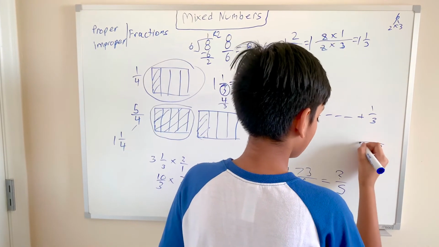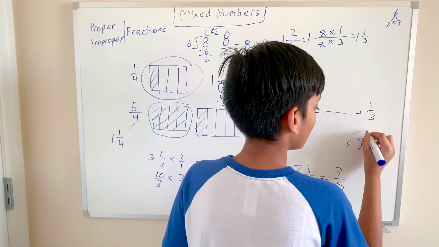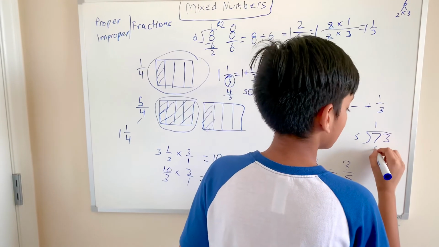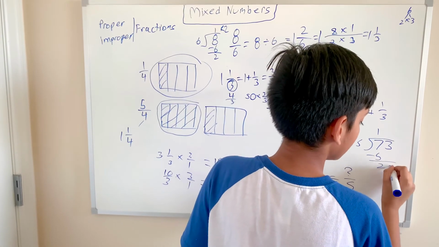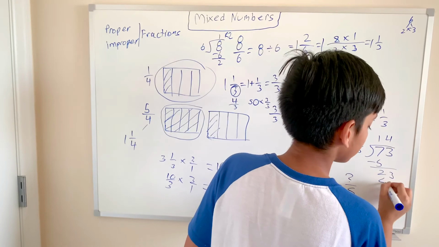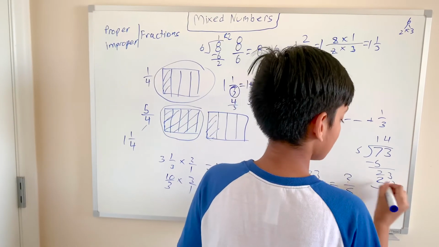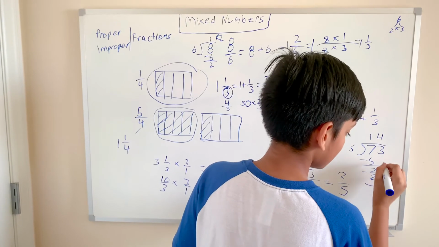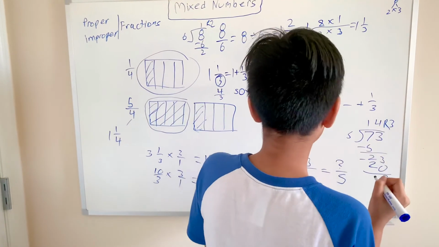73 divided by 5. 5 can go into 7 one time, and then I'll subtract, and then I will get 23. 5 can go into 23 4 times. I will get 20, and then I'll subtract, and then I'll get 3. So 14, remainder 3.